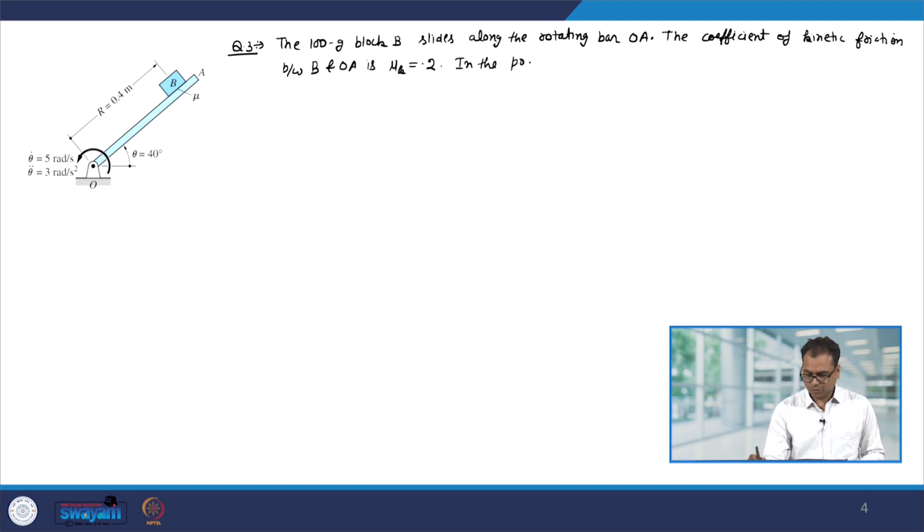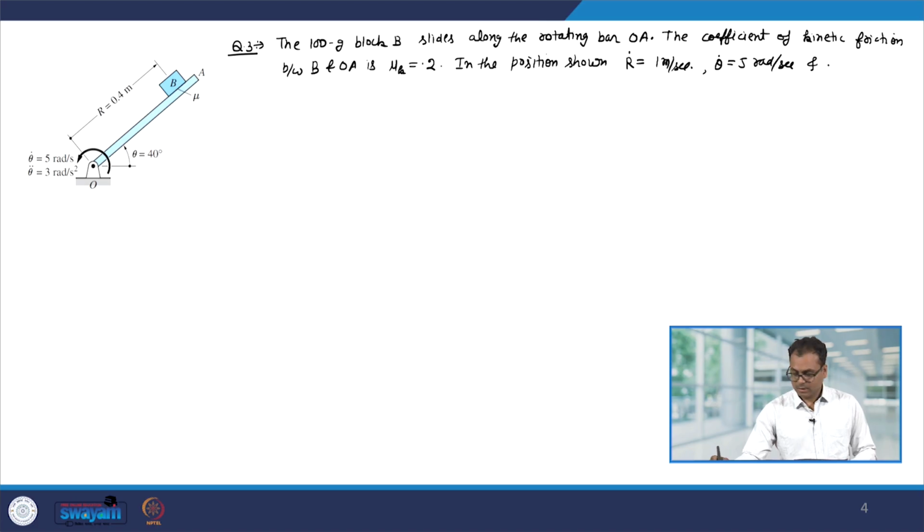In the position shown, r dot is 1 meter per second, theta dot is 5 radian per second, and theta double dot is 3 radian per second square.